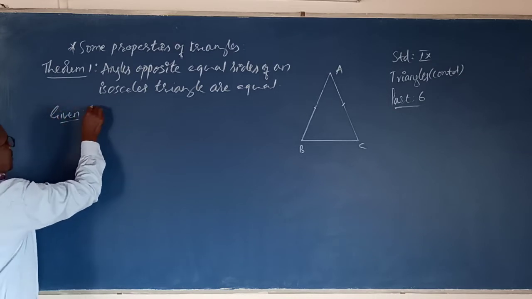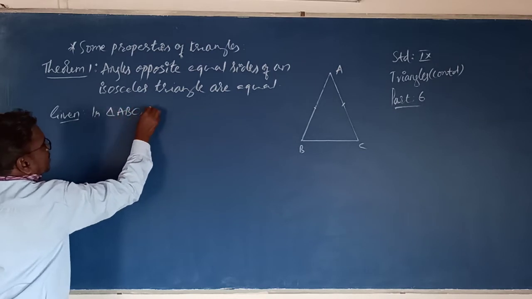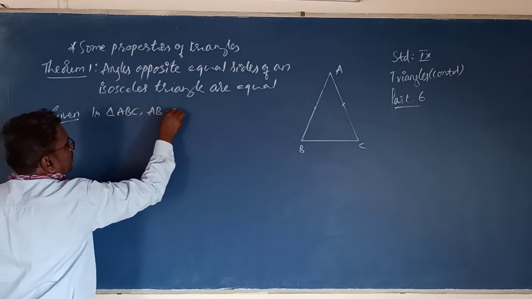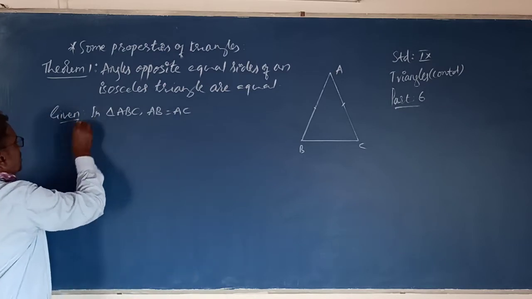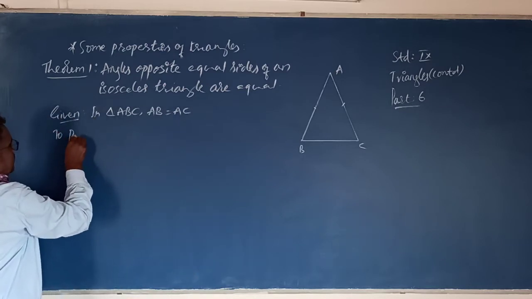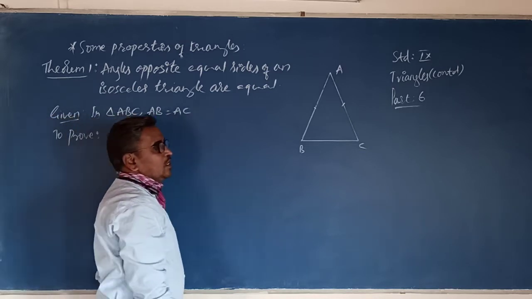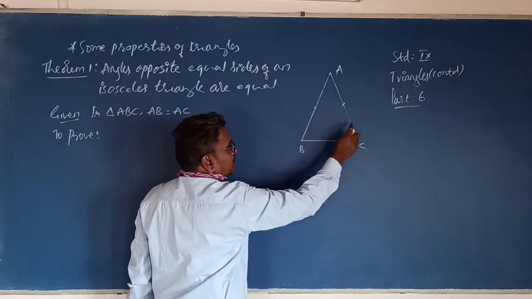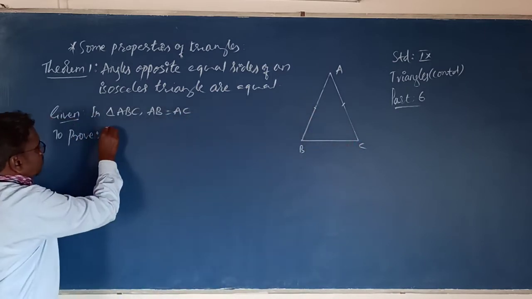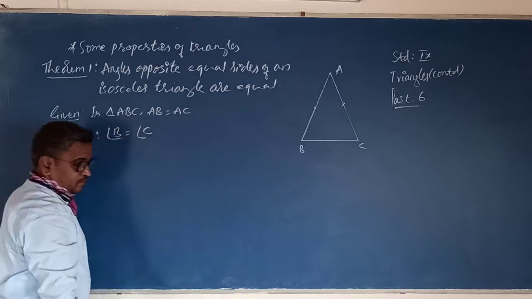Then to prove: angles opposite to equal sides. Opposite of AC is B, opposite of AB is C. So we have to prove angle B is equal to angle C.